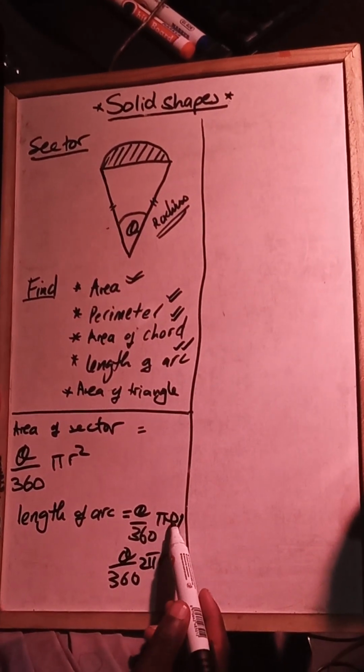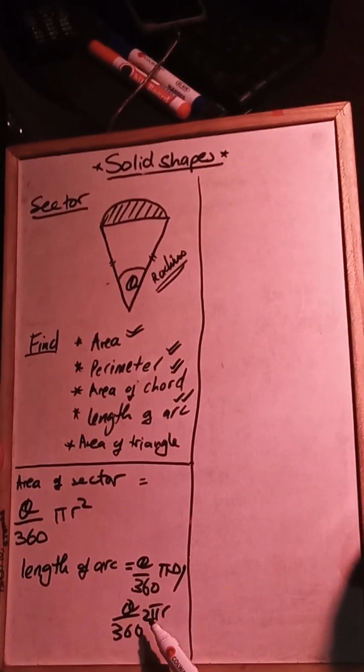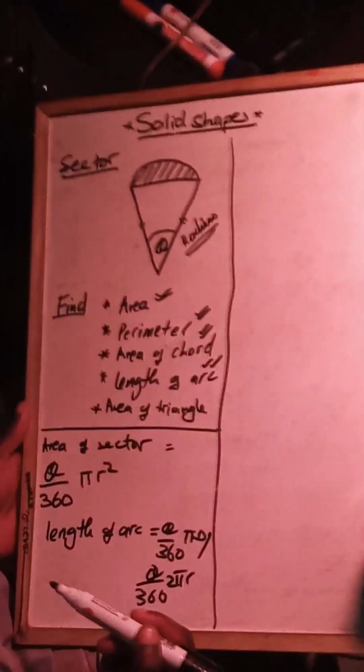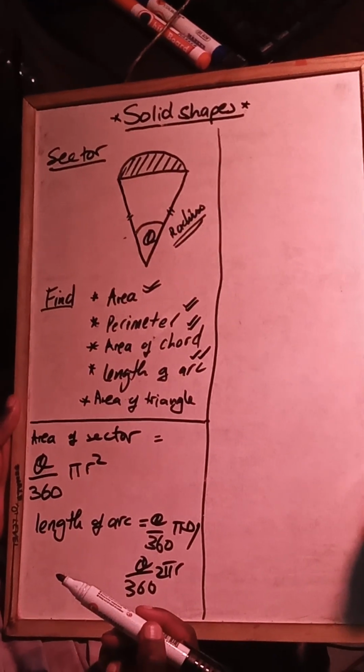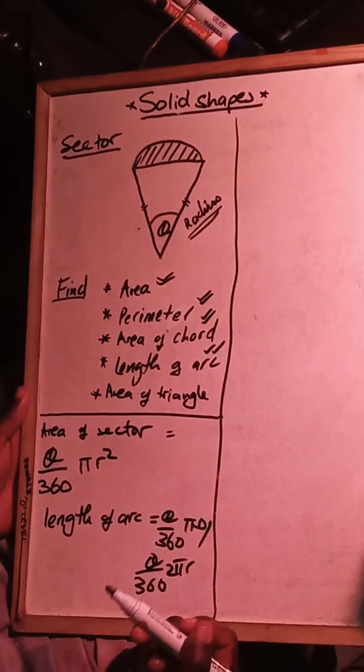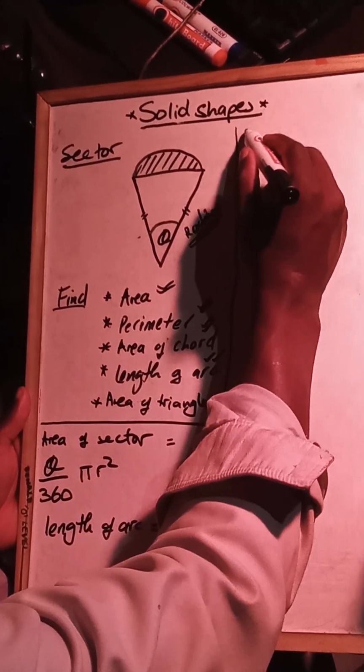Pi d represents diameter, 2 pi r represents two radiuses. So the answer will be the same.